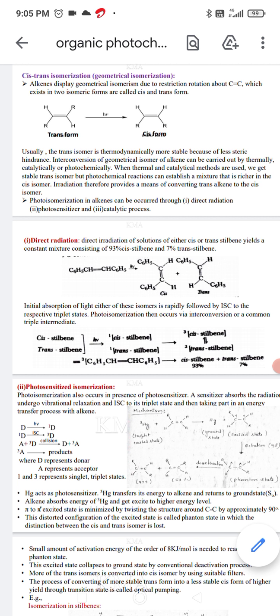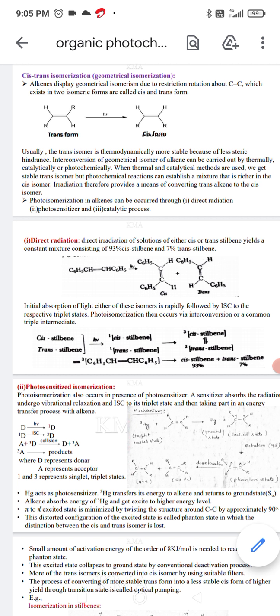Initial absorption of light by either of these is rapidly followed by intersystem crossing to the respective triplet states. Photoisomerization then occurs via internal conversion, that is IC, or a common triplet intermediate. As you can see in this reaction, we have taken both cis-stilbene and trans-stilbene.